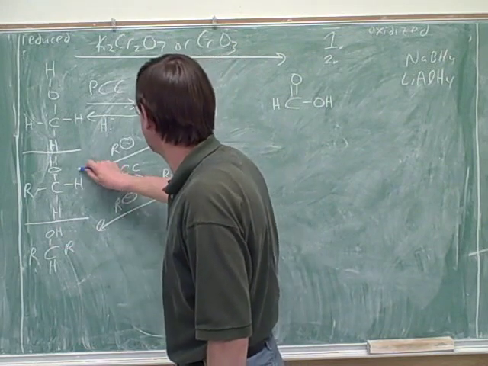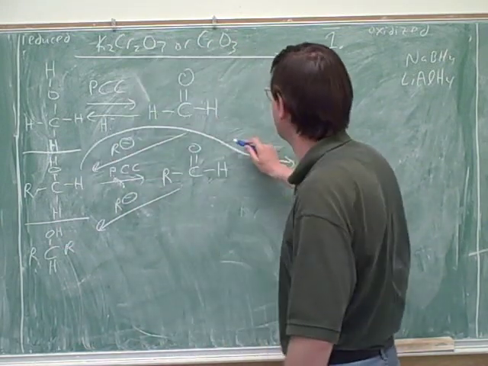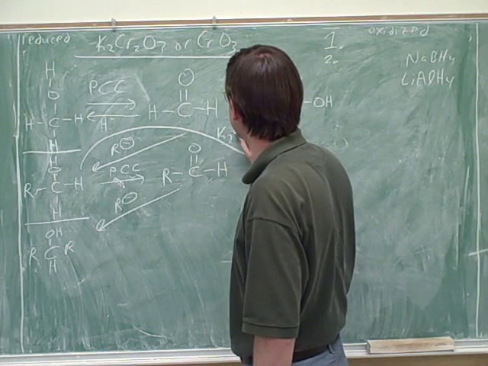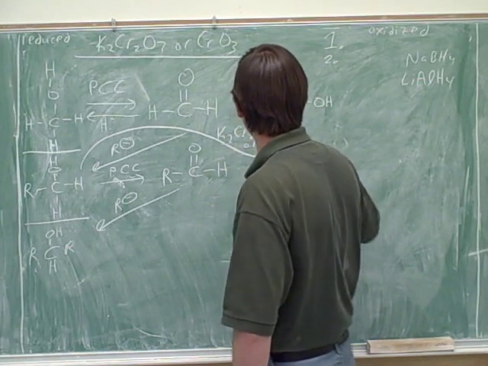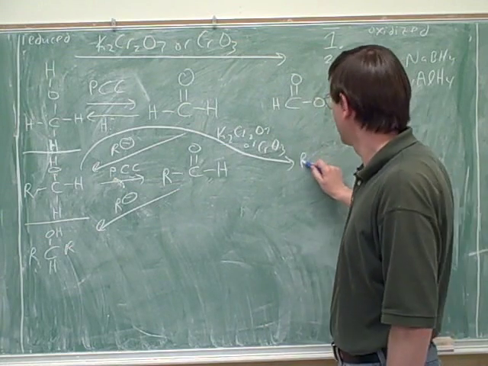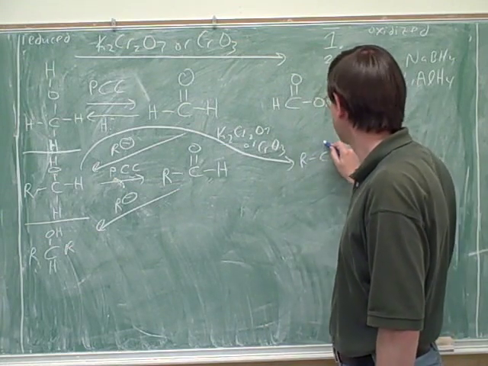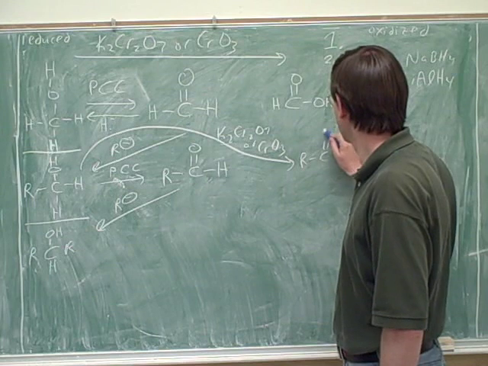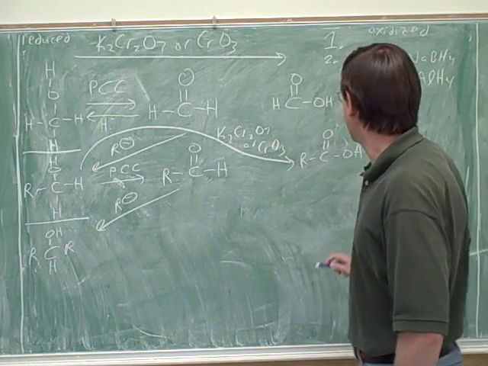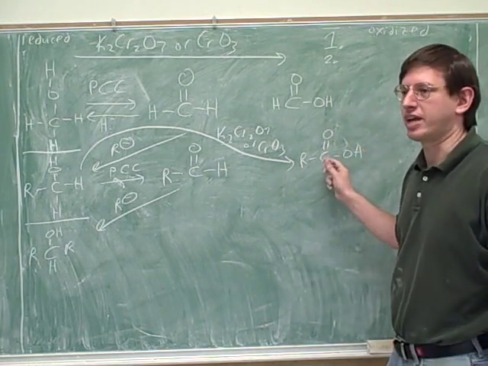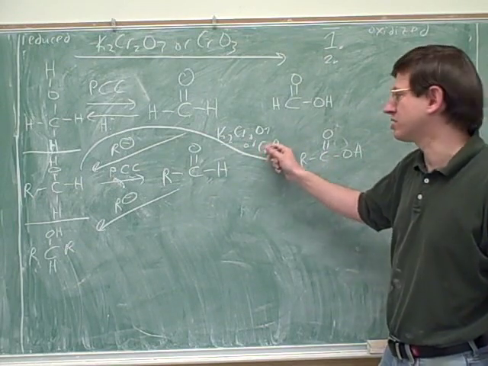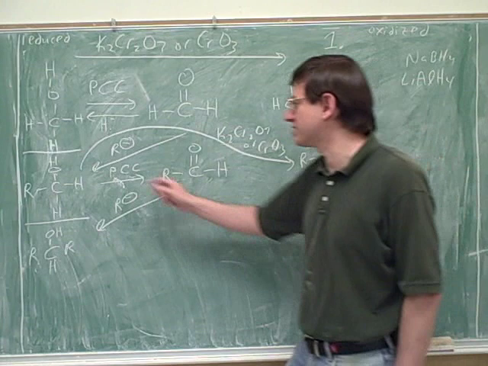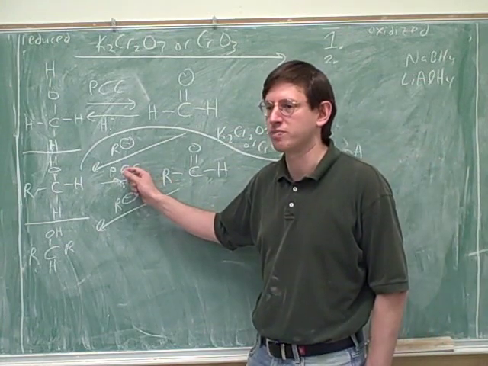But let's say we had used potassium dichromate, K2Cr2O7, or CrO3. That would over-oxidize us all the way to a carboxylic acid, which is usually not what we want at this part of the course. So if we had put in these reagents here, we would over-oxidize. So PCC is the safer thing to use at this point.